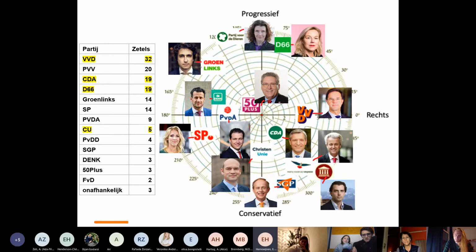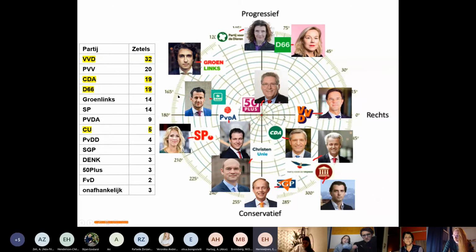Okay, so you cannot rule by yourself, even though VVD is the biggest party. So you have to work together with other parties. And in this case, we have the kabinet, and those are the 4 parties that are in this coalition, I think. And VVD is one of them, and then Rutte is the minister-president. But the other parties that are included are CDA, which is this guy, and CDA is, as you see, a bit to the right and a bit conservative.